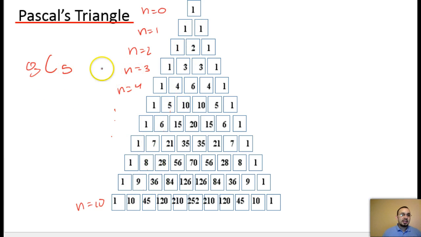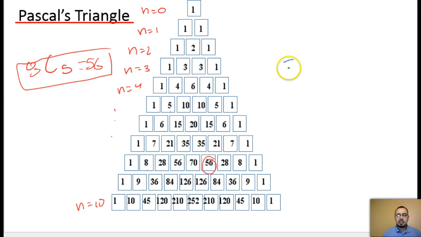So the way we want to work this is we want to go to the 8th row. So again, starting at 0, we go 0, 1, 2, 3, 4, 5, 6, 7, 8. And we want to go to the 5th column. We start with 0. 0, 1, 2, 3, 4, 5. So 8 choose 5 gives me 56 combinations. Let's try one more.